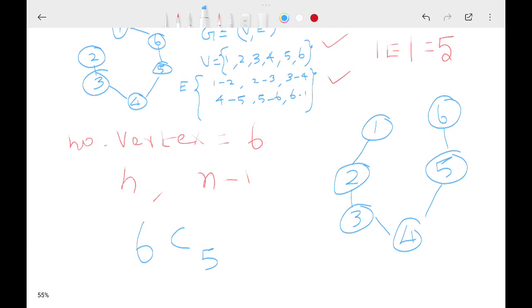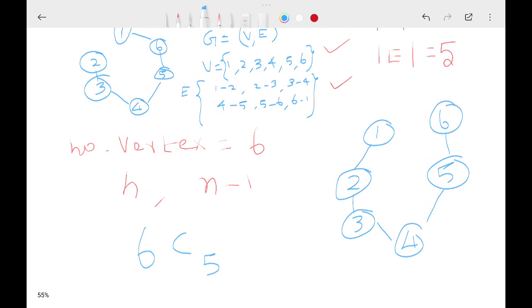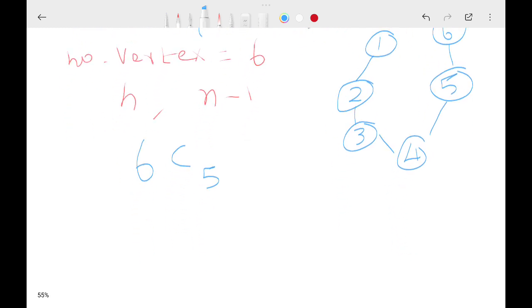So for a graph without cycle and fully connected, with n vertices, it is nC(n minus 1).